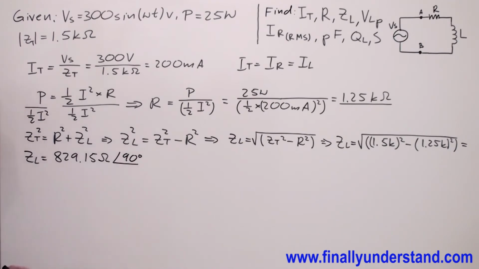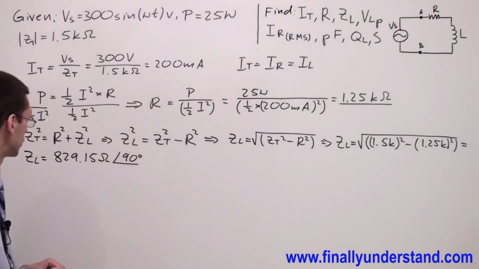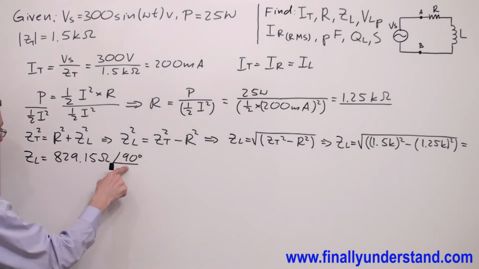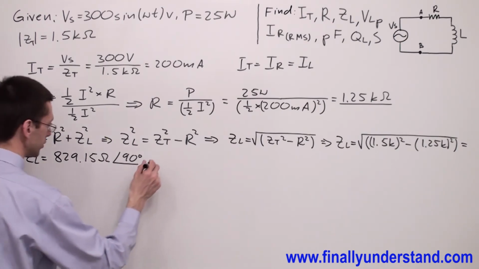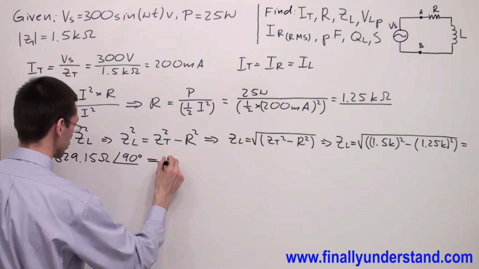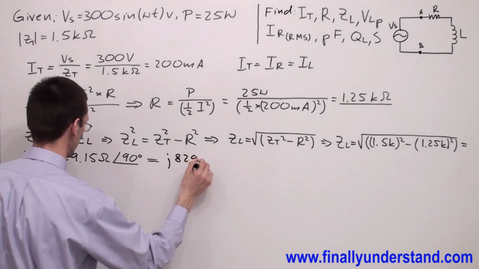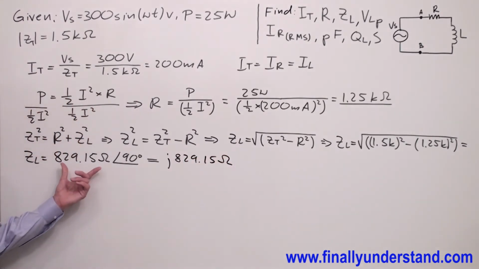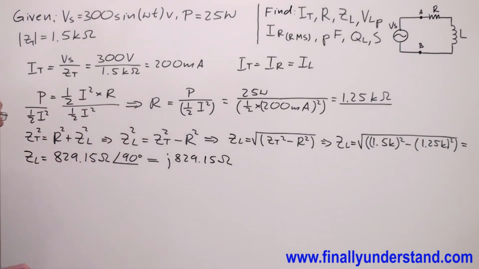You are not going to get 90 degrees from your calculator, but you're supposed to always remember that anytime you're looking for ZL, ZL always goes with an angle of 90 degrees, or if you want to express this in the rectangular form, you're supposed to write that this is j829.15 ohms. But most of the time we are going to deal with the polar form, phasor form.